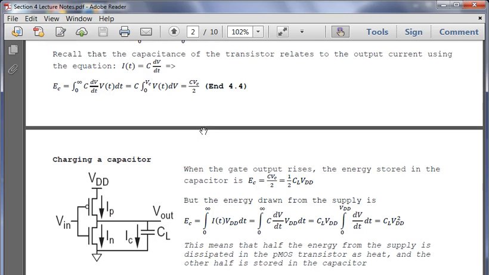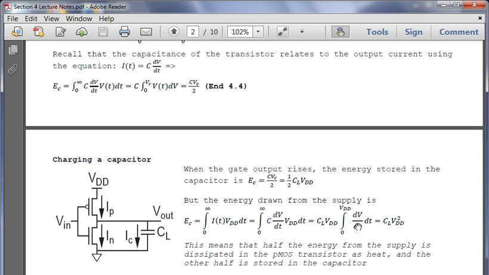So this relates to the voltage of the capacitor. When the energy is drawn from the supply, we have this initial state where we are not drawing voltage from the supply, coming from ground, and we're dissipating in the capacitor. So half of the energy, 1/2 C_L V_DD squared. However, when we calculate the energy drawn from the supply, we plug our equation back in, V_DD comes out.